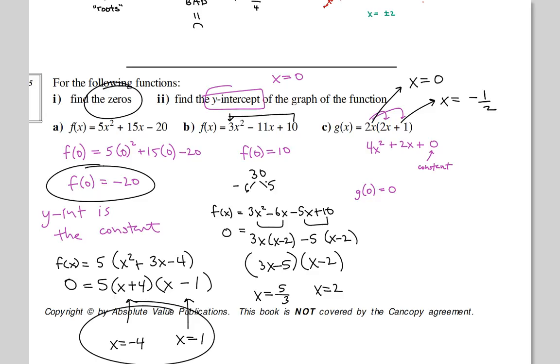Okay, so factored versions for x-intercepts, distributed versions for y-intercepts. Look at the constant when it's fully distributed for a y-intercept. Look at the x's that make it 0 when it's fully factored for the x-intercepts. Any questions before I let you be? One more practice.